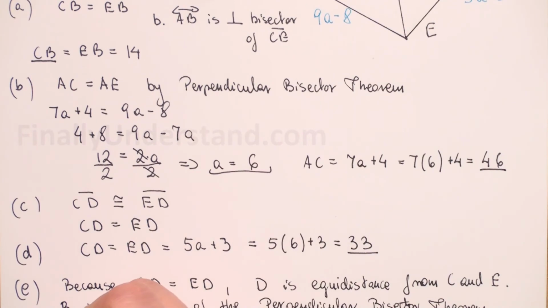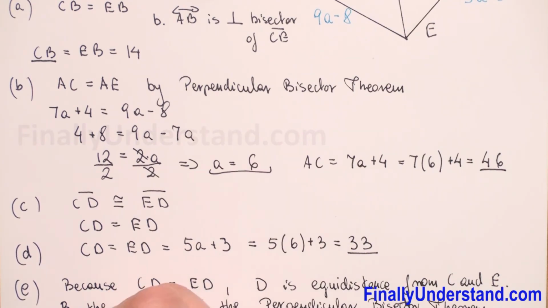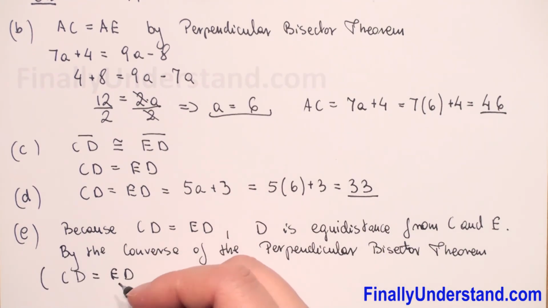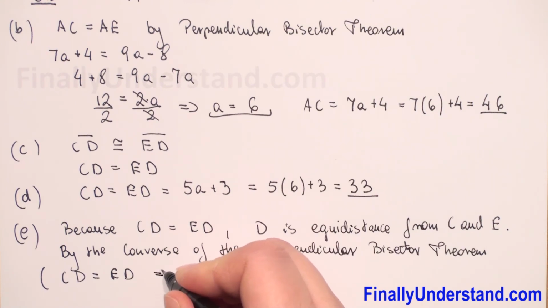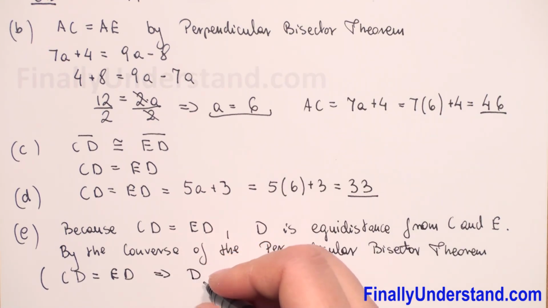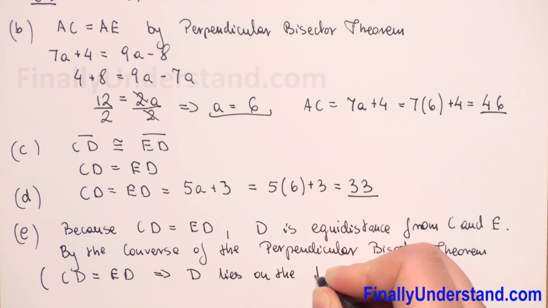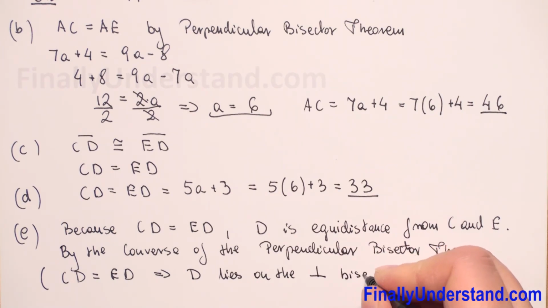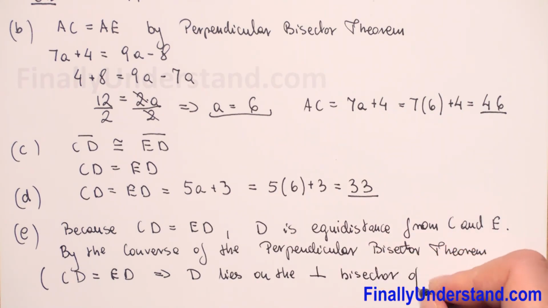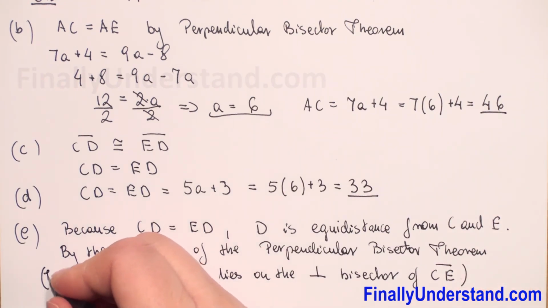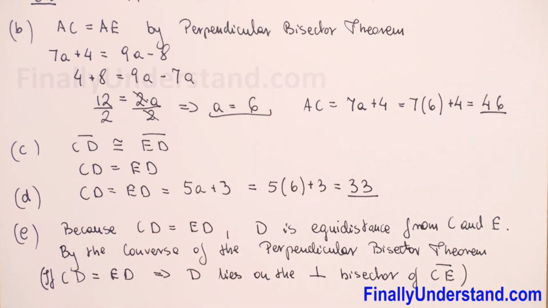Let me write this in parentheses. CD is equal to ED. It means that D lies on the perpendicular bisector of CE segment. This is converse of perpendicular bisector theorem.